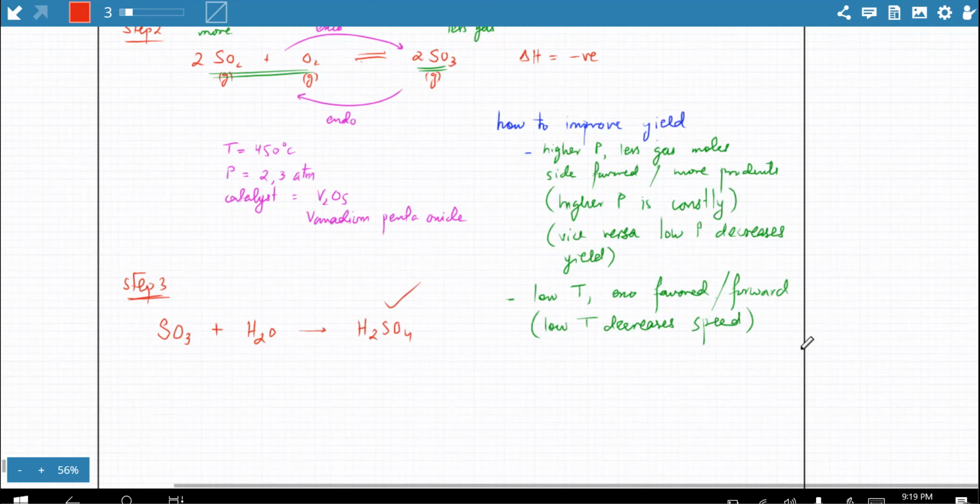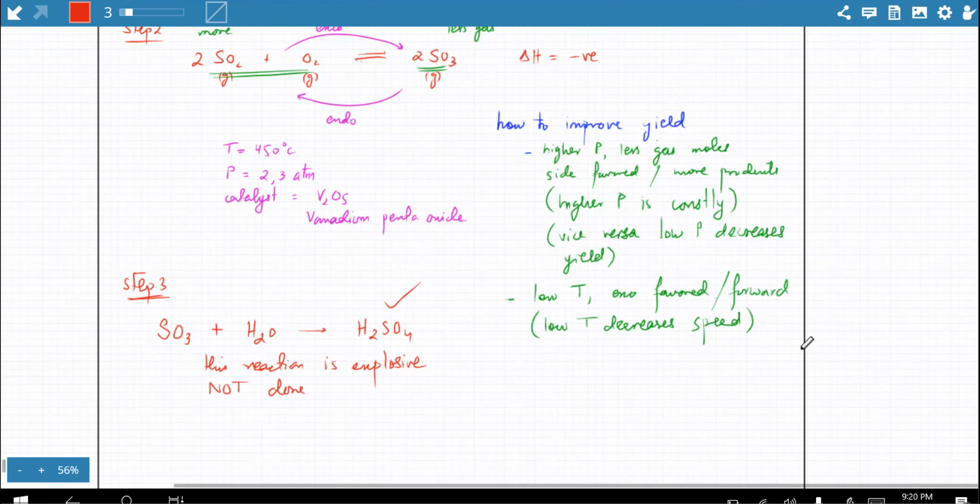But this reaction is very explosive. You can't really perform this reaction in the industry because it's so explosive that it's a very violent reaction, which is why it's not done. Not in an industrial setting.